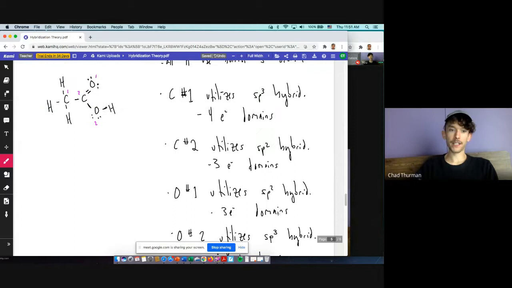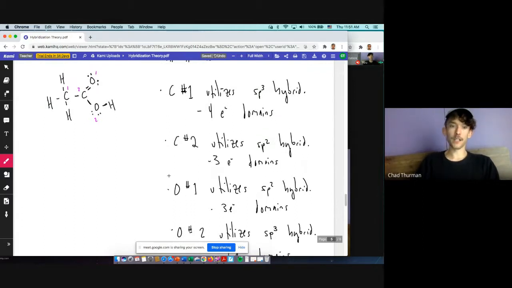Okay. Now let's describe the bonding. I'm going to do this a little bit differently. I'm going to draw all of the sigma bonds in red. You can label them, you can count them, whatever you want to do. I'm just trying to describe the bonding. Well, I know that everywhere there's a single bond, that's a sigma bond.